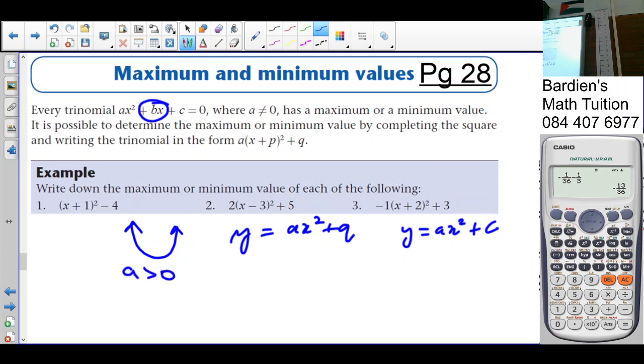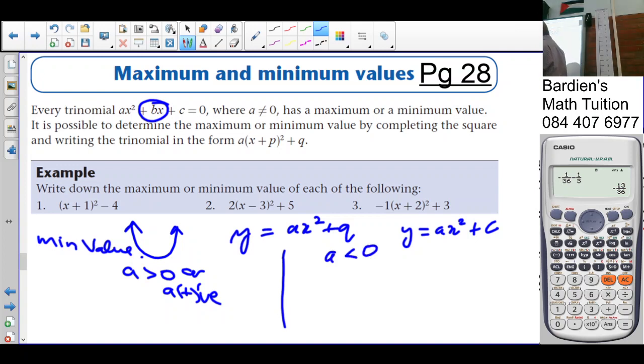If a is greater than 0, or when a is positive, the parabola is smiling. Or it will have, what do we call this? A minimum value. Not so? If a was less than 0, then the graph would be sad, or is also known as a maximum value.